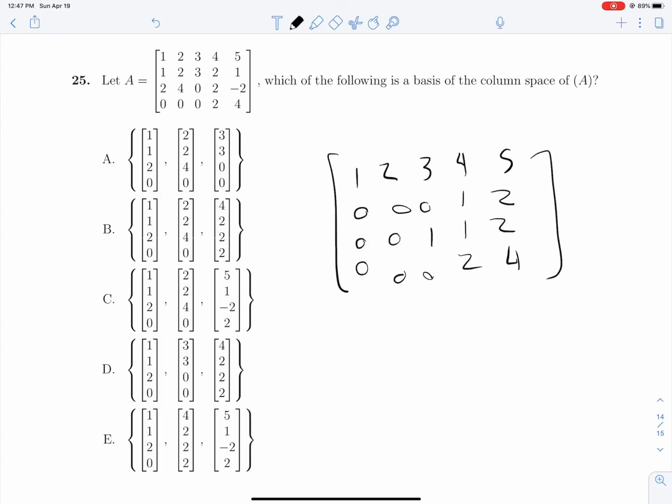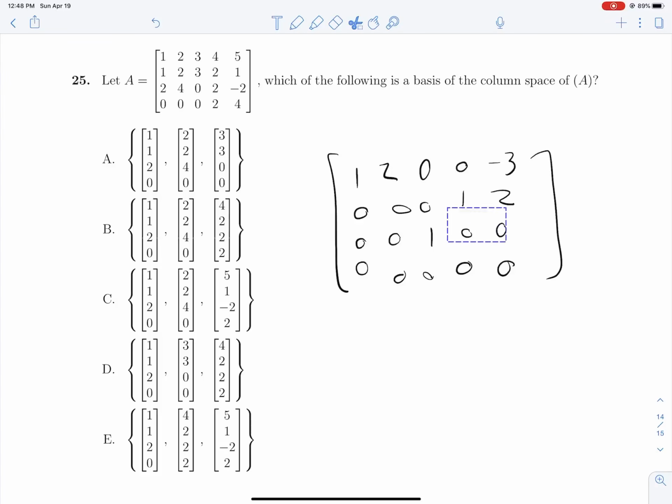Subtracting row 2 from row 3 will give us a 0, 0 here, so we can use that to set this 3 equal to 0. Then subtracting 4 row 2s from row 1 gives us a 0 here and a negative 3 here. Additionally, because row 2 and row 4 are multiples of each other, we can set one of them equal to 0 using the other.